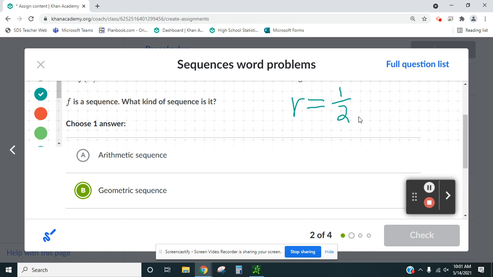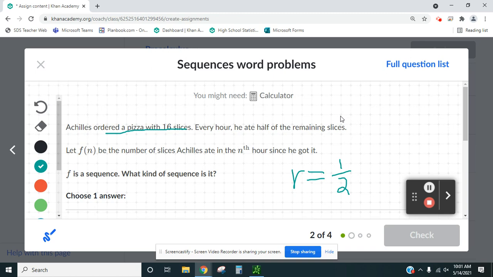Let's go back up and try to figure out what the first term is. So the discussion of whether it was the beginning of the first minute or the first minute. A_n is the number of slices Achilles ate in the nth hour since he got it, at the beginning of the hour.